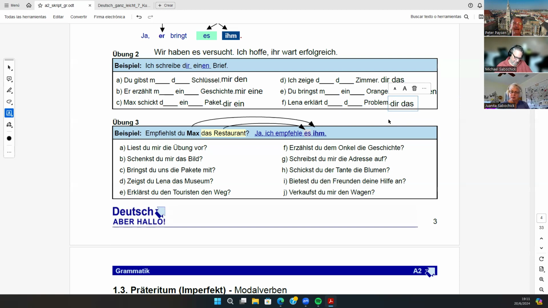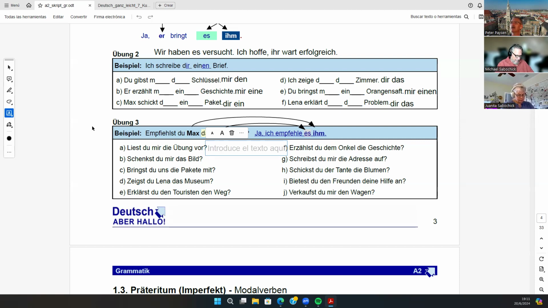Lena erklärt dir das Problem. Erklärt. Okay. Jetzt haben wir doppelte Pronomen. Okay, doppelte Pronomen.